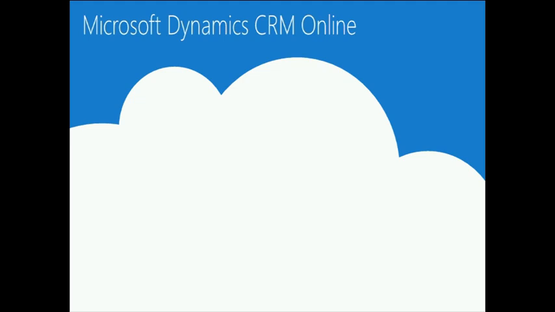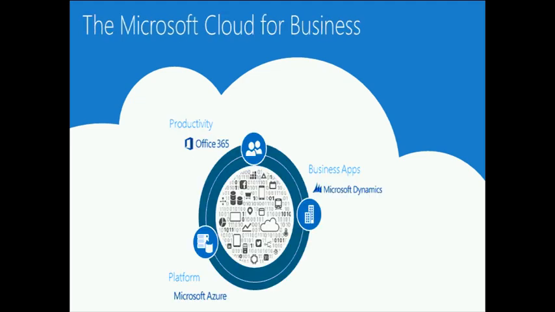Sorry, let me get back to my slide here. All right, the Microsoft Cloud for Business is about sales productivity. When you combine the power of the Azure platform and the rich productivity features of Office 365, and then add in the business value of Dynamics CRM, you get a sales productivity solution.